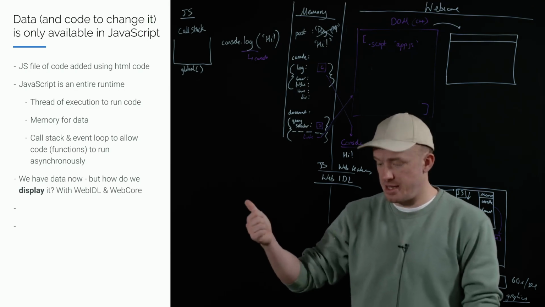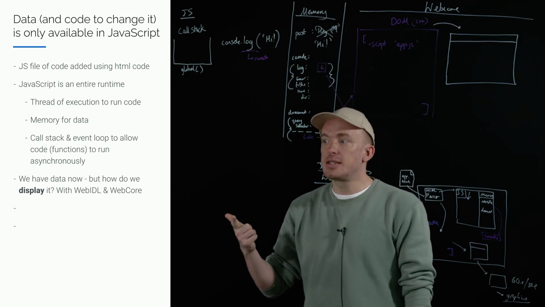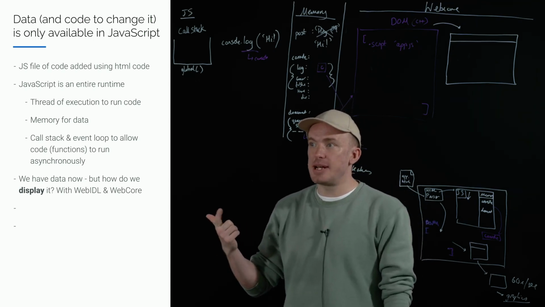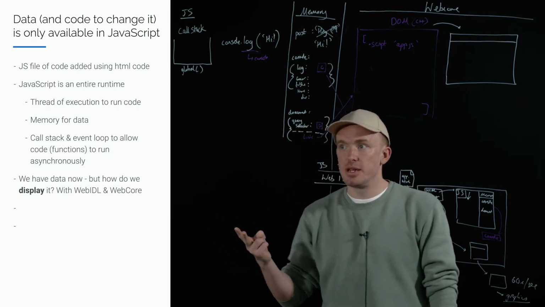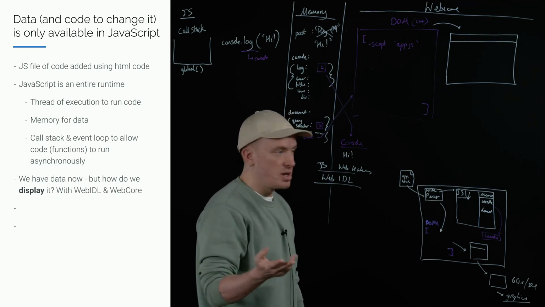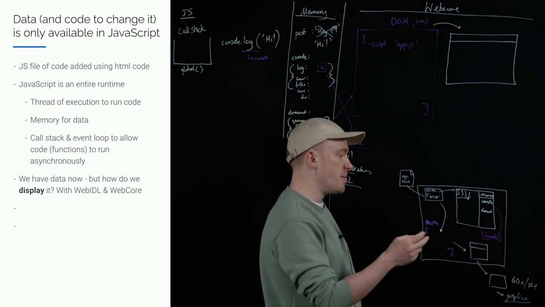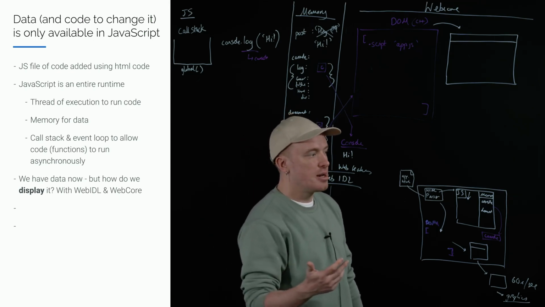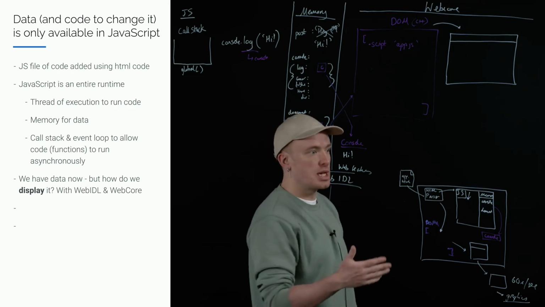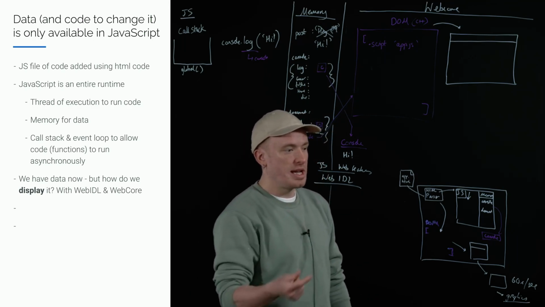JavaScript allows you to save data and run code on it. Some things, I believe, are somewhere in between, like timers. So when you run set timeout or set interval, there is a timer feature that is not in JavaScript, but actually, I believe it's somewhat implemented in tandem with JavaScript. But most of those features which we use, if they're saving data, they're saving directly in JavaScript memory and/or executing on it.